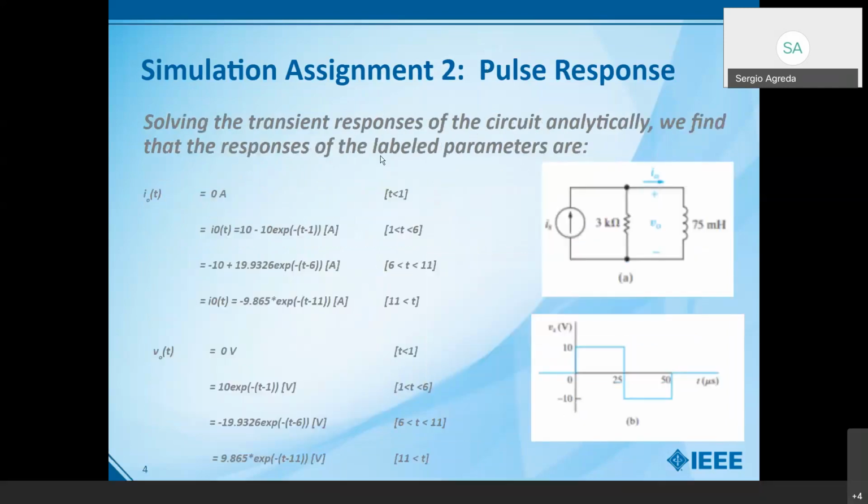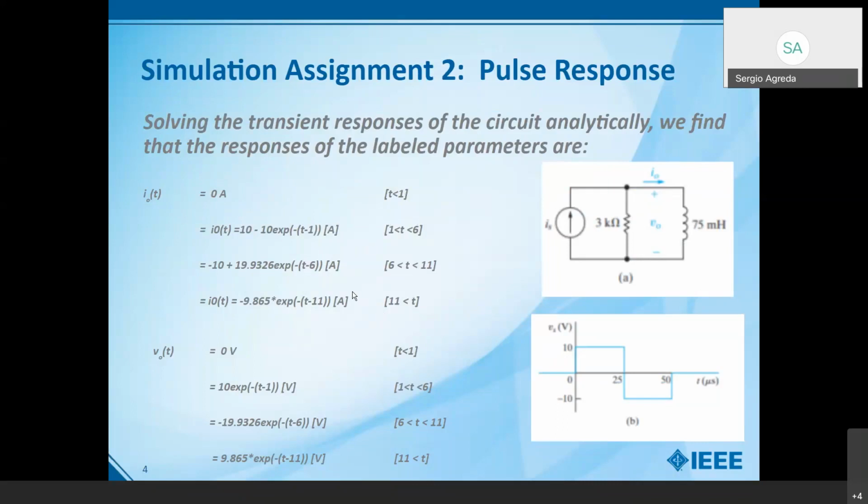From this, we will already be able to solve this analytically. If we follow the correct steps to find the differential equations and solve the entire system, you can find that the piecewise function of the necessary parameters for i(t) is going to be 0 amps in a certain time interval, and 10 minus 10 e to the negative t amps in this time interval, and the following here also.